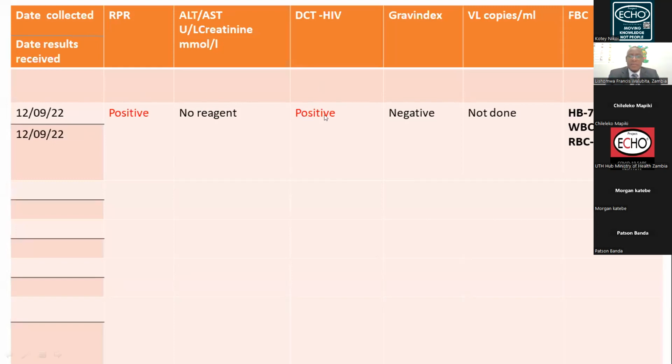HIV was done and came out positive, but this was provider-initiated diagnostic counseling and testing, as the client had declined an HIV test. The gram index was negative. Viral load wasn't done as baseline. The full blood count showed HB 7 grams per deciliter; WBCs and RBCs were not done.